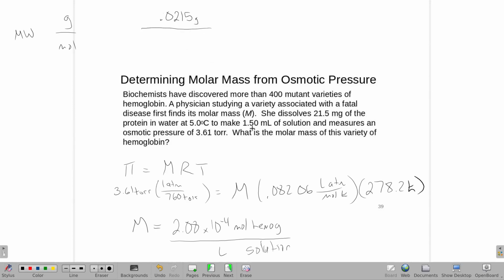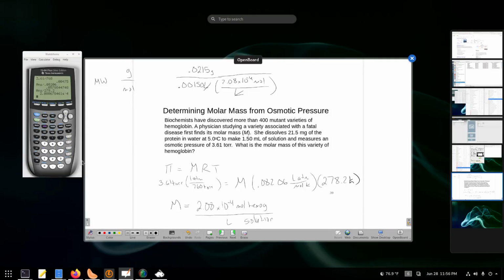And how about we write this in terms of liters? 0.00150 liters. I'm going to use this as a conversion. The liters would cancel. We'd have grams per mole. That's how we do this type of thing.